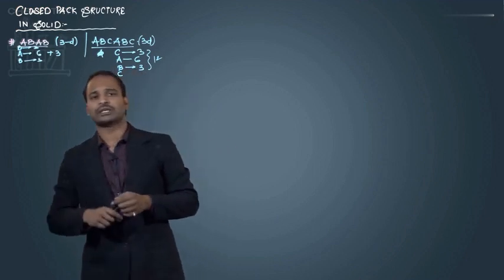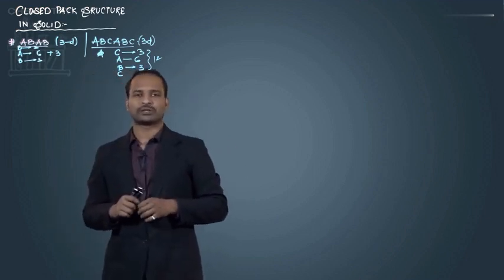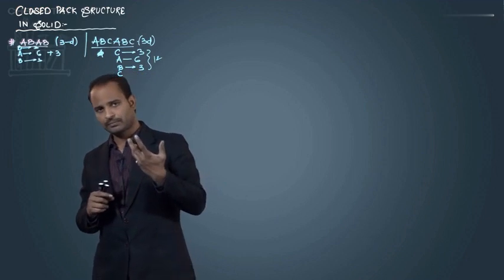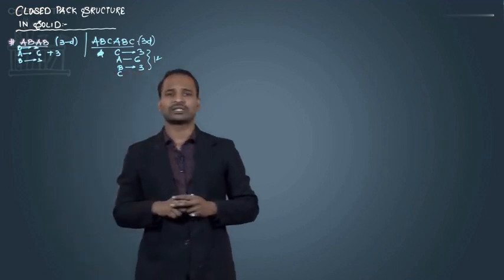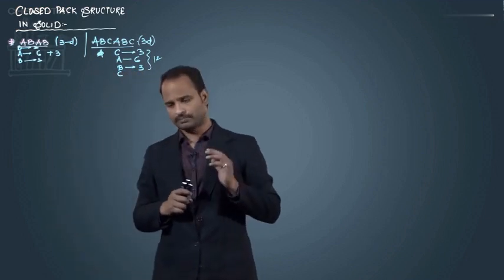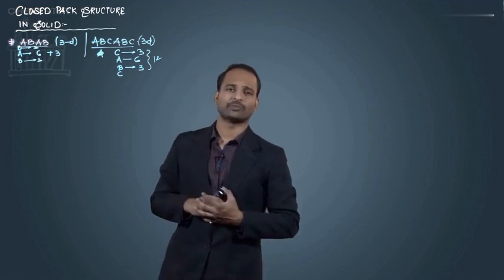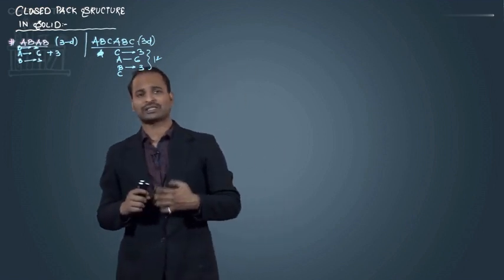Now when we join the centers of the spheres in ABC packing, we get a simple face-centered cubic packing. That means we get a face-centered unit cell.